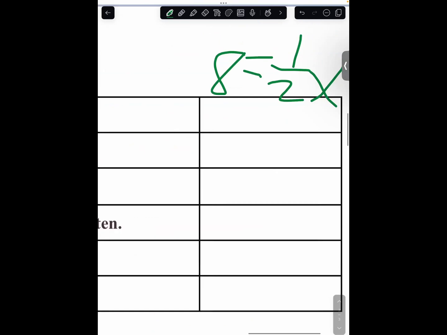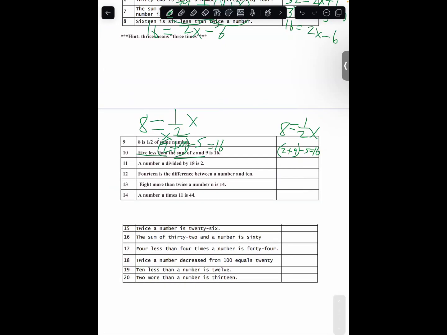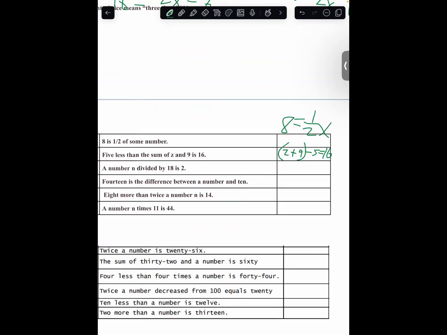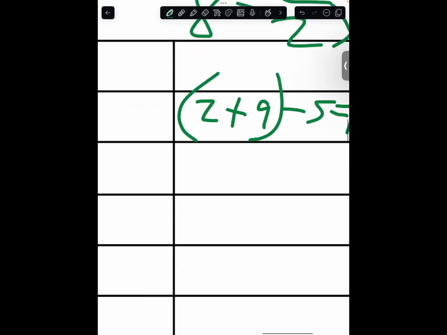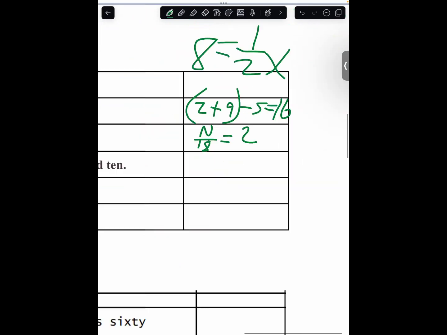So z plus 9 minus 5 is 16. Okay, next we got a number n divided by 18 is 2. So we got n, this one's pretty straightforward. n divided by 18 is 2.